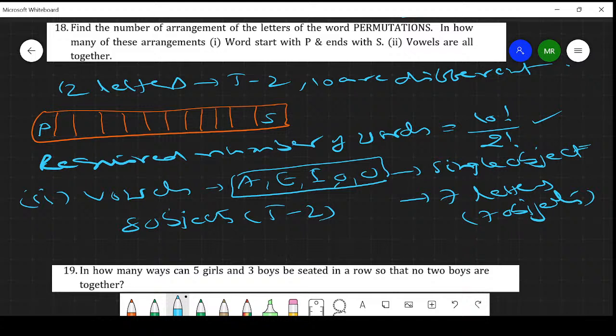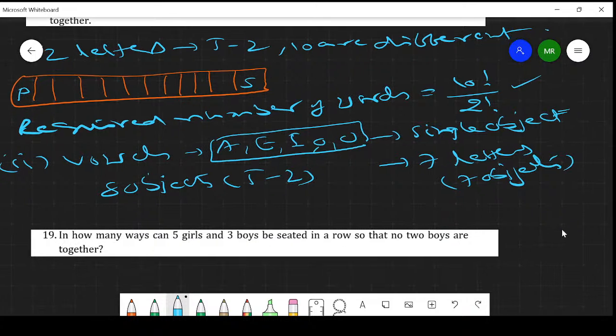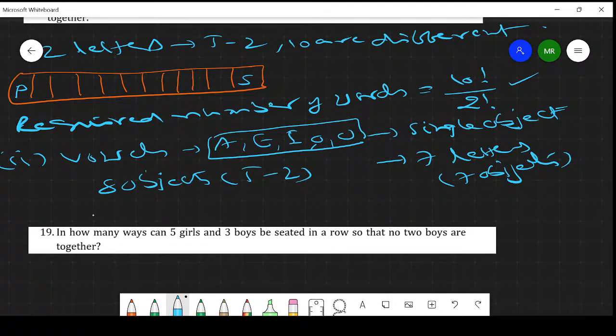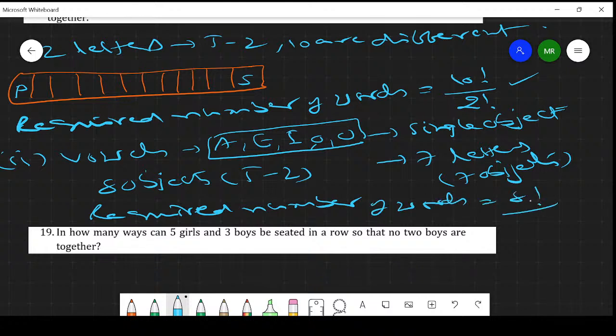I can write now: the required number of words where vowels are all together is equal to the required number of words. In this case, we have 8 objects, so 8 factorial by 2 factorial, because T repeats twice.